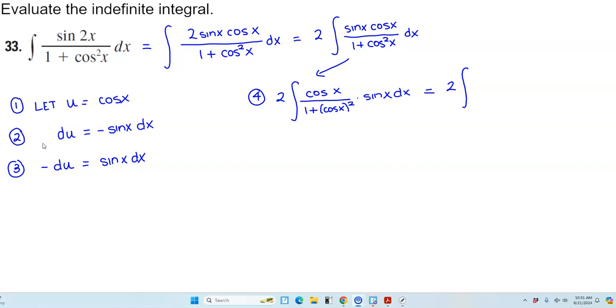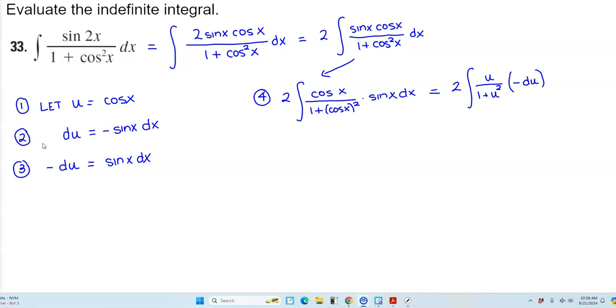We have the cosine of x, which is u, over 1 plus u squared times negative du. Now we want to take the antiderivative of u over 1 plus u squared. Before we do that, let's factor out that negative sign, which becomes negative 2 times u over 1 plus u squared du.